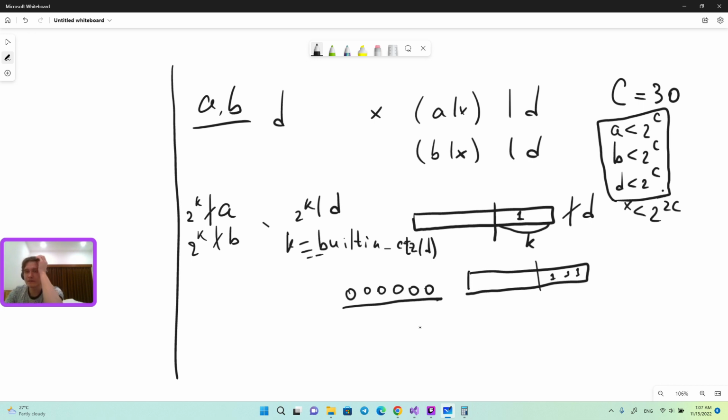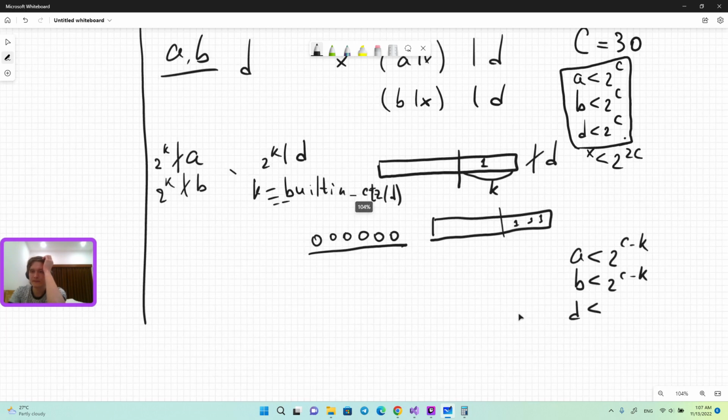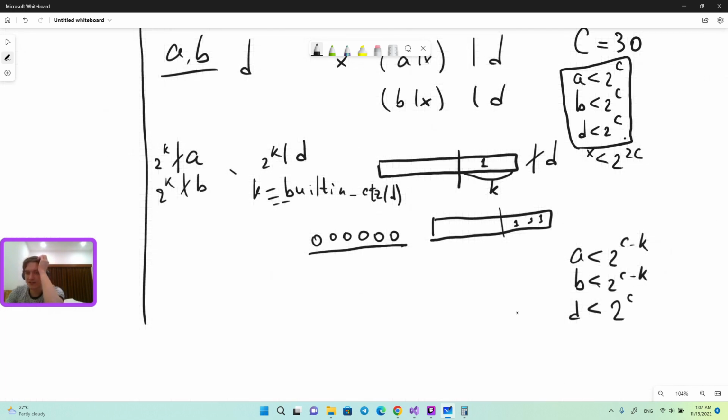So now what do we have? We have a is less than 2 to the c minus k, b is less than 2 to the c minus k, d is less than 2 to the c minus k, also d is odd, and we want some x which is less than 2 to the 2c minus k.